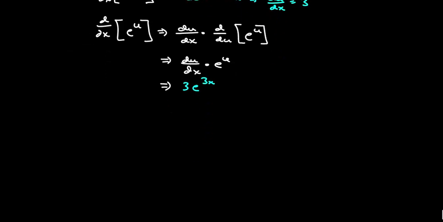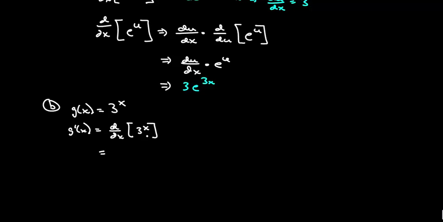Okay, let's go ahead and work on part B. So here our function is g, and that's equal to 3 raised to the x. And so g prime is equal to d dx of 3 to the x.